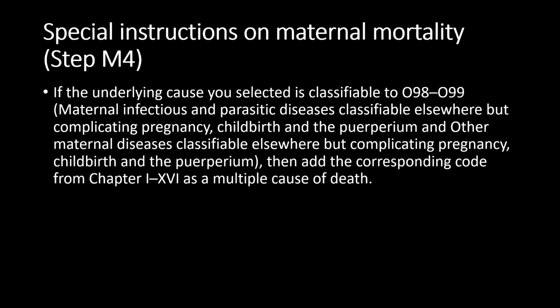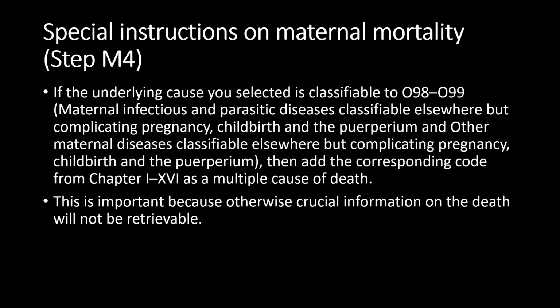If the underlying cause you selected is classifiable to O98 to O99, maternal infectious and parasitic diseases classifiable elsewhere but complicating pregnancy, childbirth, and the puerperium, and other maternal diseases classifiable elsewhere but complicating pregnancy, childbirth, and puerperium, then add the corresponding code from Chapter 1 to Chapter 16 as a multiple cause of death.